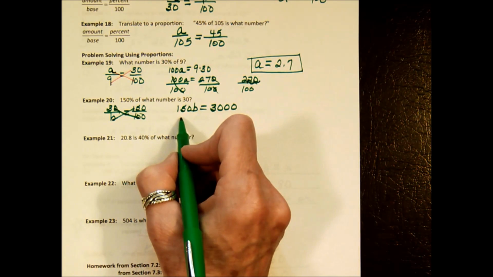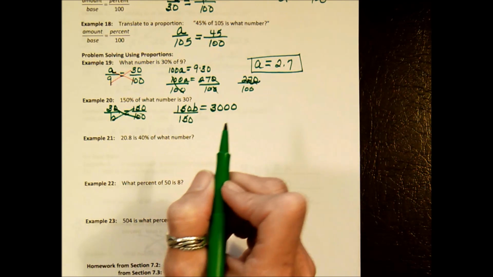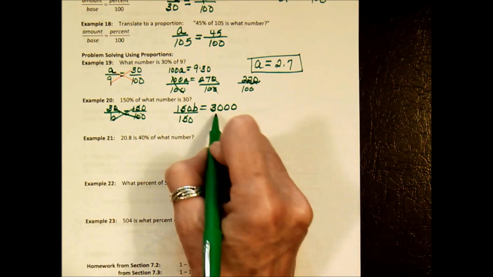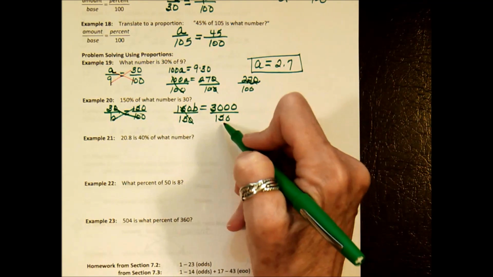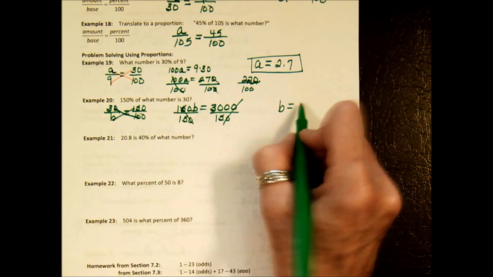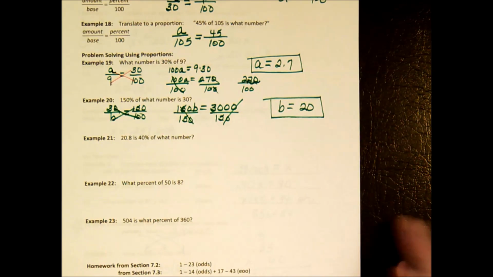To solve that, I'm going to divide both sides by 150. I can do that easily by saying 15 into 30 goes 2, and I have B equals 20.